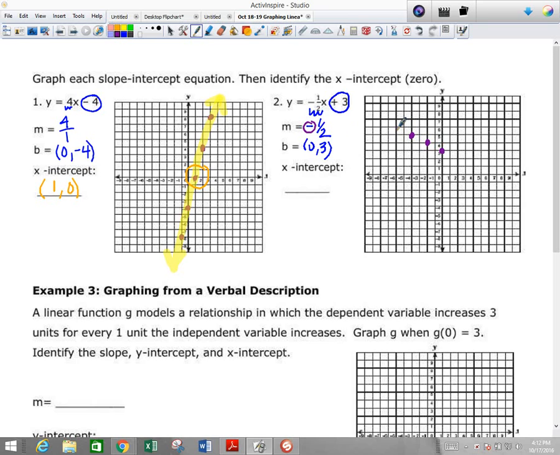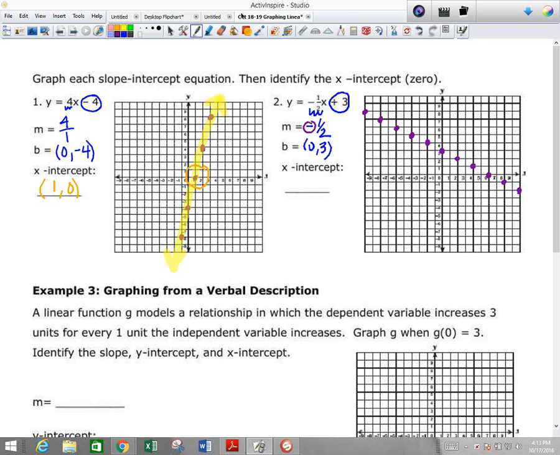Go up 1, over 2, up 1, over 2, up 1, over 2. You want to keep doing this in both directions. So when you finish in one direction, you start back at the y-intercept and you do it going down. Down 1, over 2.